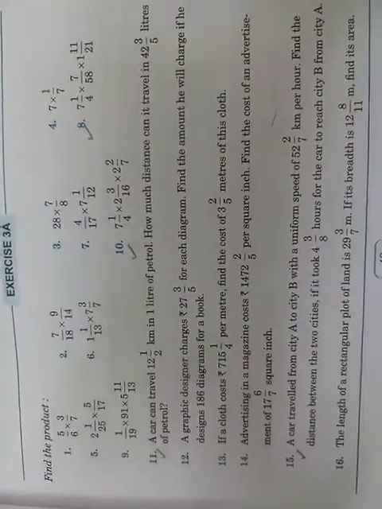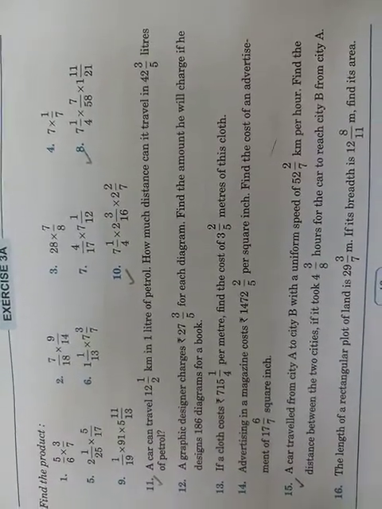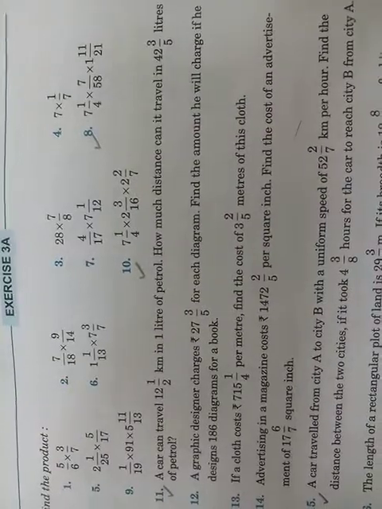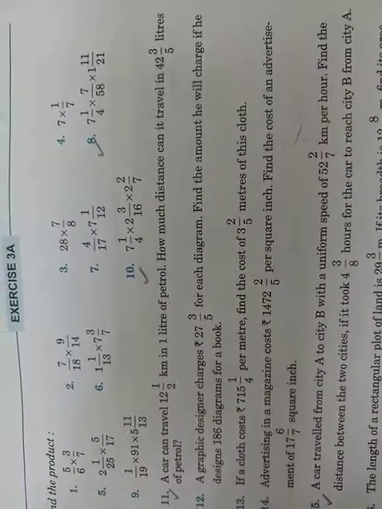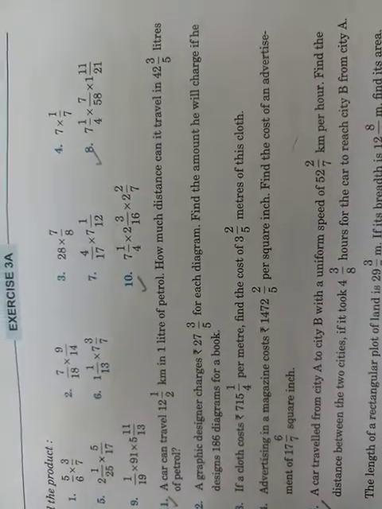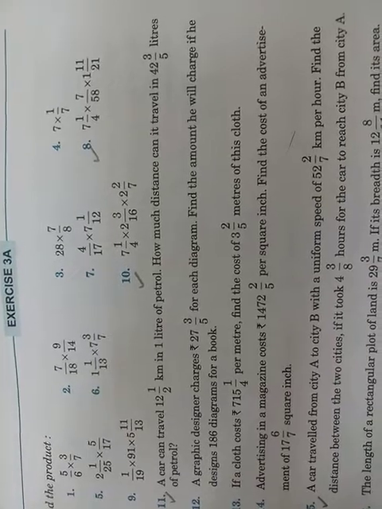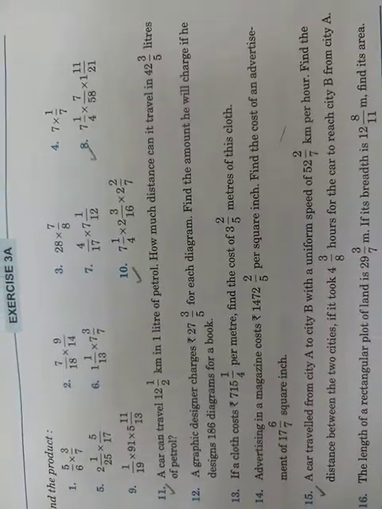Then I come to the word problems. Question number 11. They are saying a car travels 12 whole 1 by 2 kilometer in 1 liter of petrol. How much distance can it travel in 42 whole 3 by 5 liters of petrol?